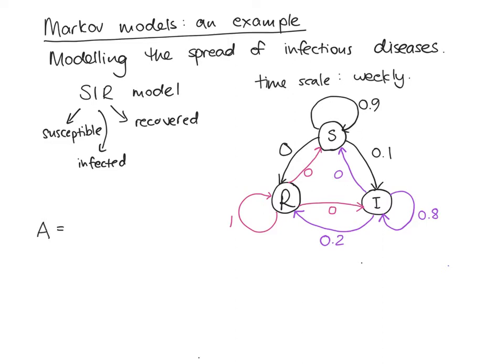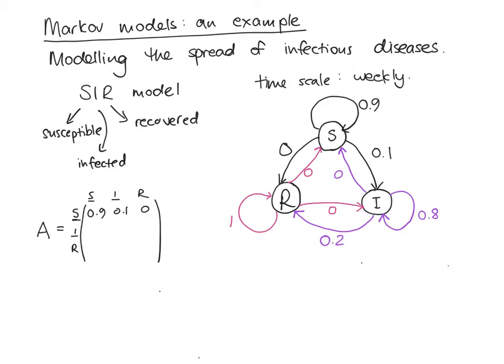So I'm going to put my states as S in the top row, I in the second, and recovered in the third. So my columns follow the same format. So if I put in my probabilities, the probability of going from susceptible to susceptible we know is 0.9. From susceptible to infected is 0.1, and from susceptible to recovered is 0.